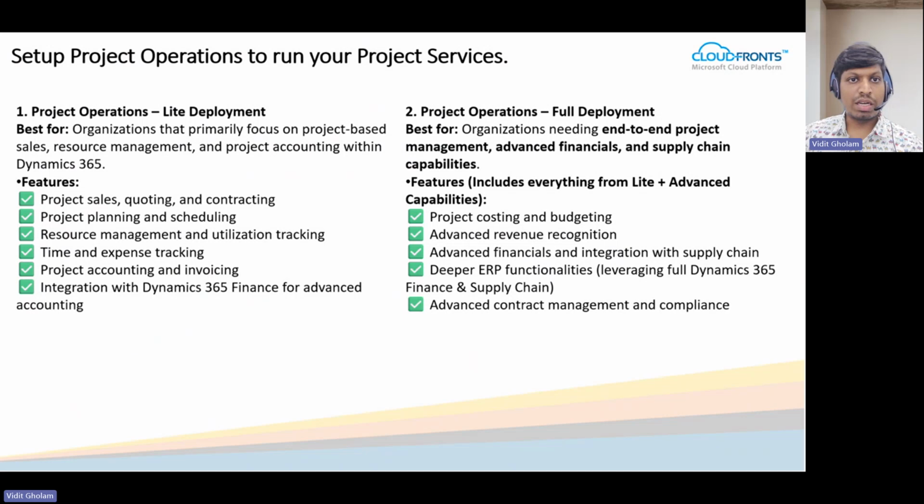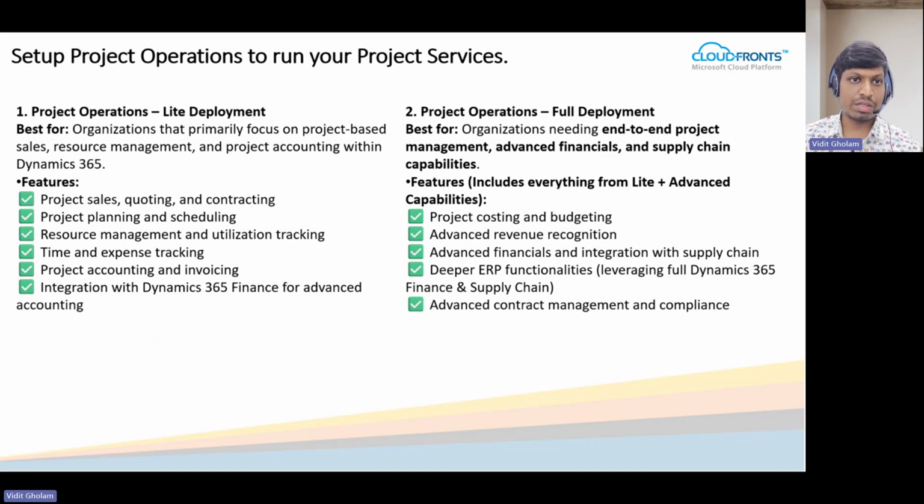To set up project operations, it comes with two types of deployments, a light deployment and a full deployment. So for whom is the light deployment focused? It is focused on organizations that primarily focus on project-based sales or resource management requirements, who are not looking for more financial depth.